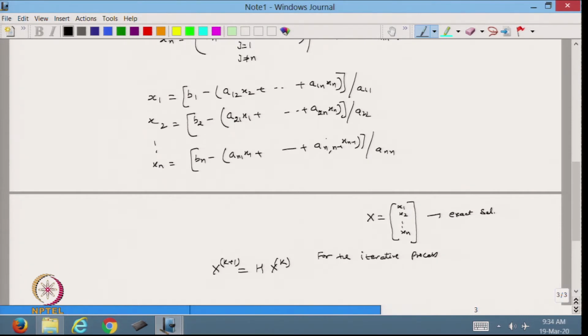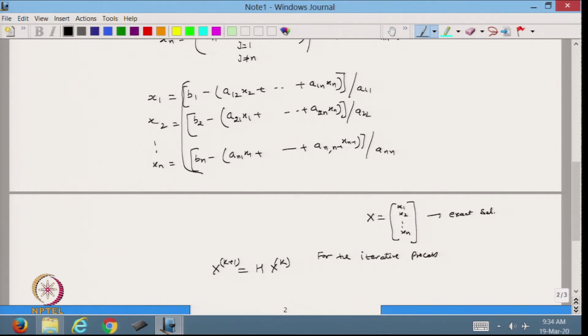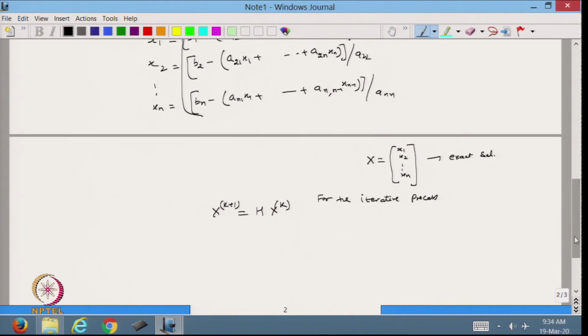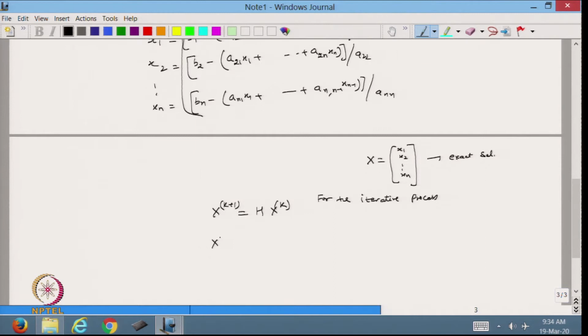Then I will multiply it by the system, because from here I can see this is the system we are going to get, and I will get the new approximation. And now, from here I can define the term x(k+1) minus x(k). That is the difference between the (k+1)th iteration and the kth iteration.